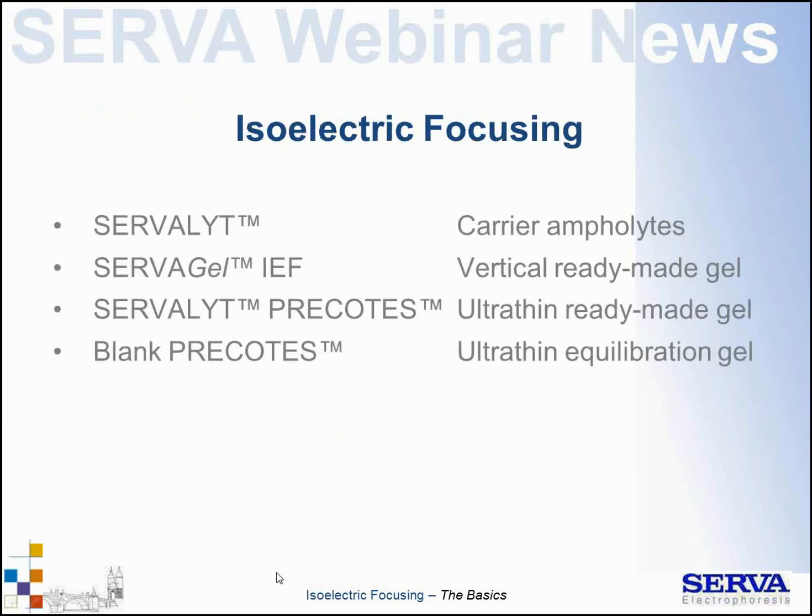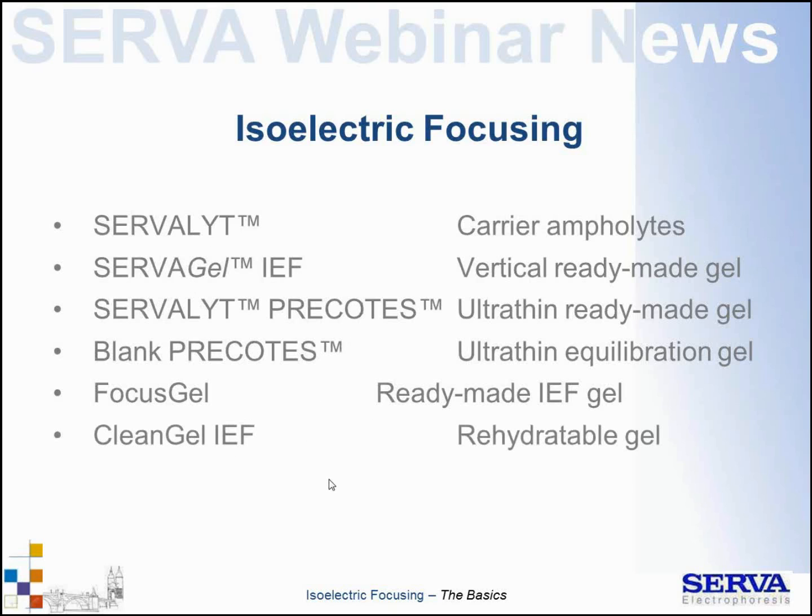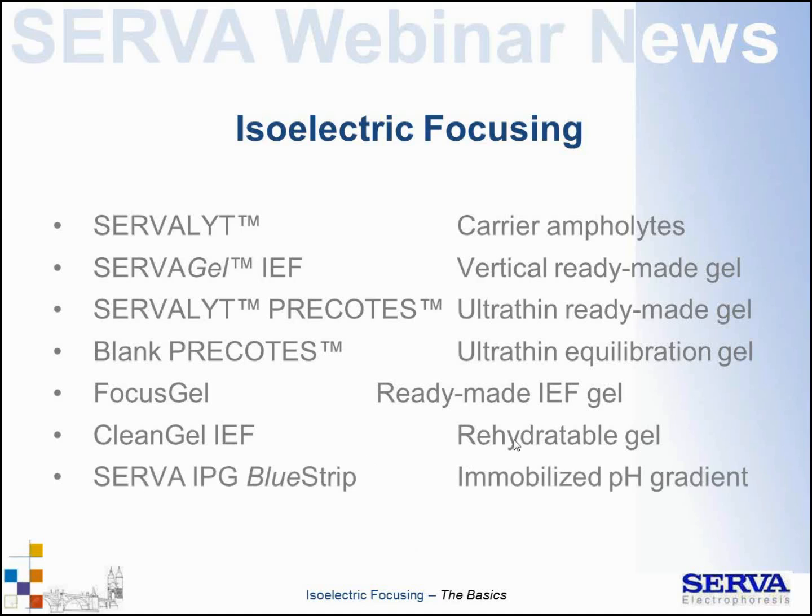So a lot of different gels, with different thicknesses and different gradients on film support, or vertical gels, are available from SERVA. Also rehydratable gels if you need, and the strips for the immobilized pH gradients, the IPG strips, are also available from SERVA.